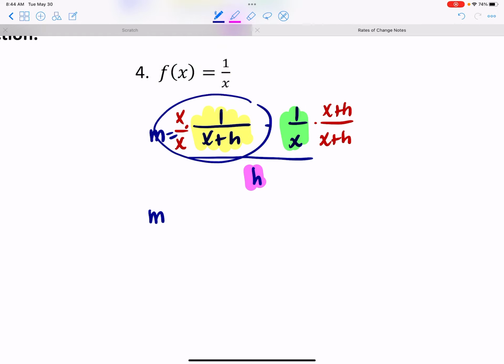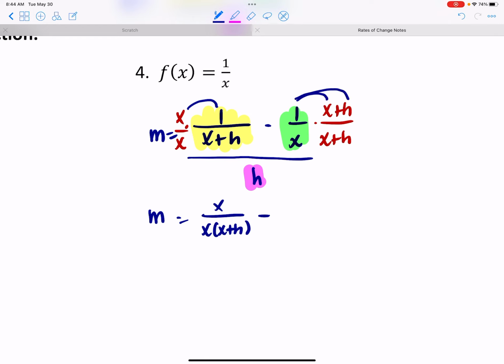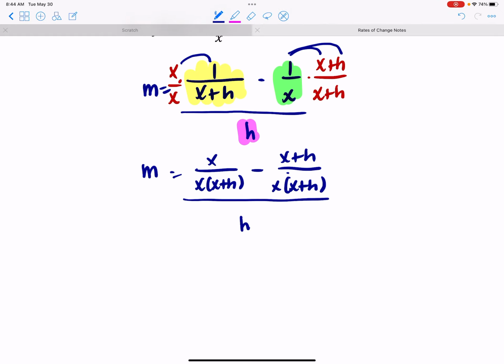This fraction becomes x over x times x plus h, minus this fraction becomes x plus h over x and x plus h, right? Well, now that I have those common denominators, I can actually subtract those two fractions. So this becomes x minus h over that common denominator, x and x plus h.